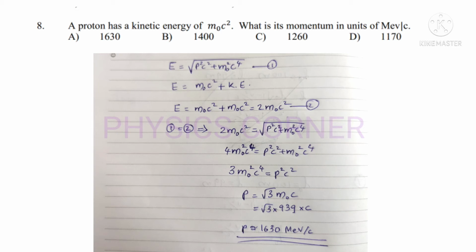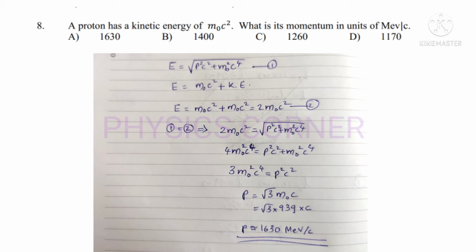Here it is given that kinetic energy of this proton is m0 c square. So when we substitute into this equation, we can write E is equal to m0 c square plus m0 c square, which is equal to 2 m0 c square.